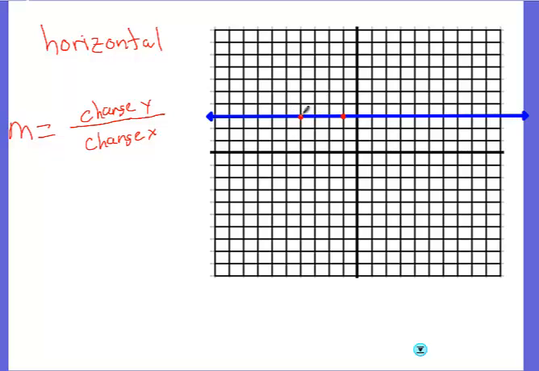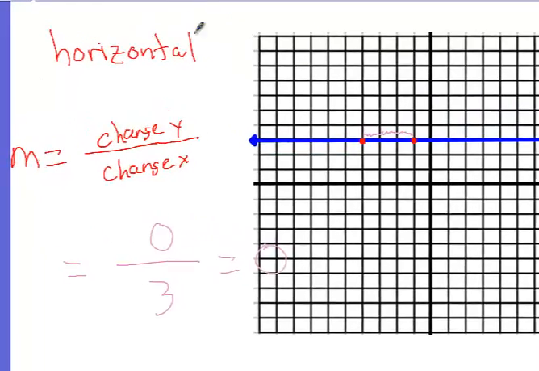To get from this point to this point, our change in x is going to be 1, 2, 3. But our change in y, if you notice, we didn't go up, we didn't go down, so that changes 0. Therefore, 0 divided by anything is just 0. Just so we know, every horizontal line has a slope of 0.